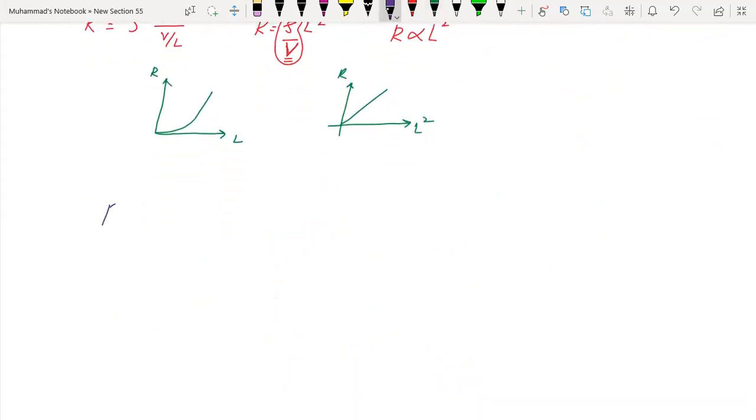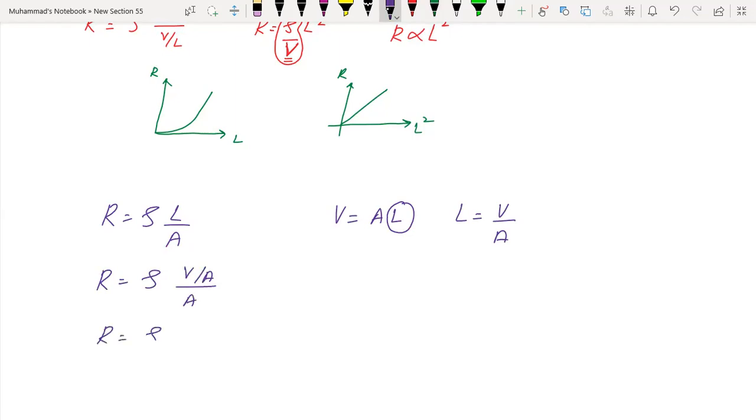So your relationship would look like rho L over A, and you know that volume is A times L. Now you should replace L by V by A, because you are keeping the volume the same and you are changing A, so you need a relationship between R and A. So this is V over A divided by A, rho V by A square.